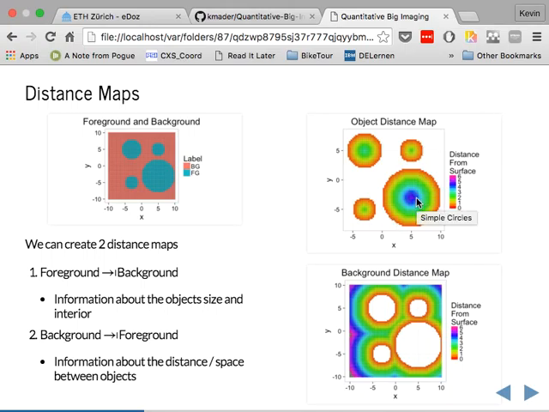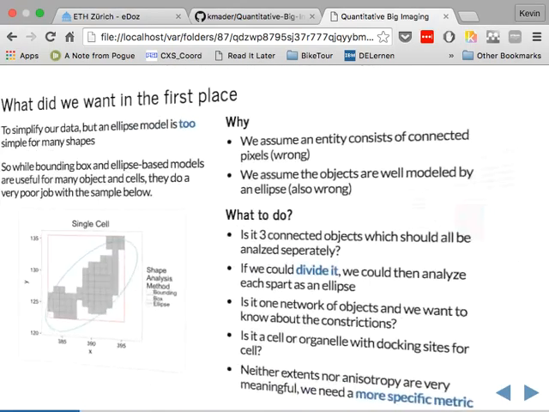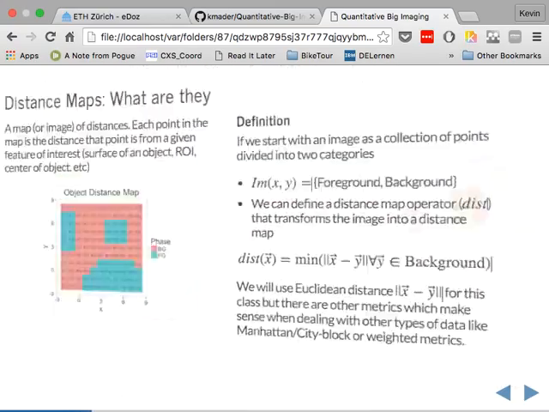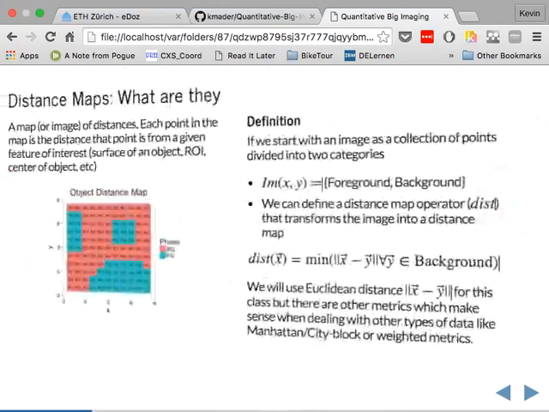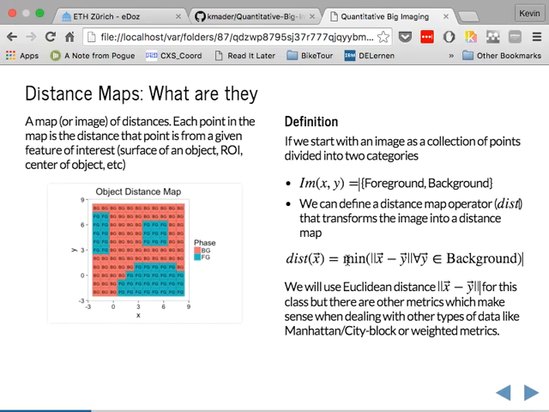Well, it's complicated, but it actually isn't so bad. The problem is that when you think about how you computationally compute this, the initial definition we gave of the distance map is here.